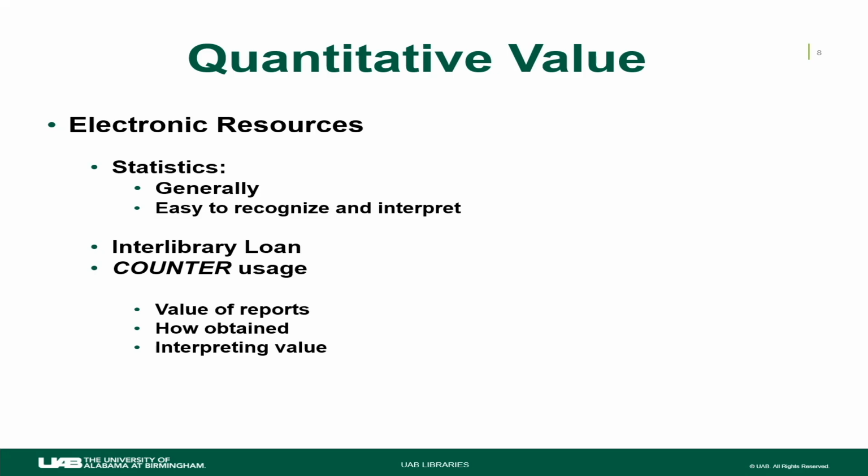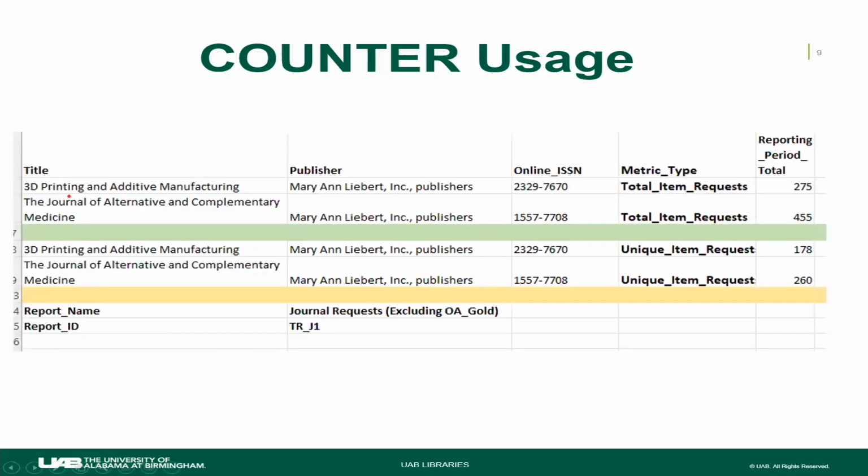So there are all these pieces that the counter usage is important for. So when you slice and dice it, you have that data and you can use it to provide and answer these particular pieces.